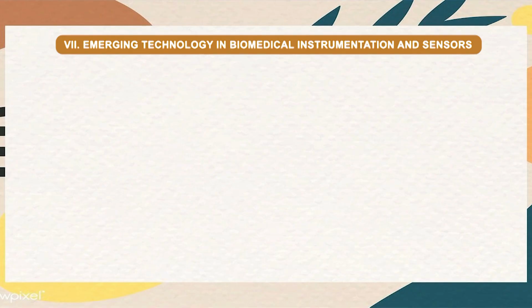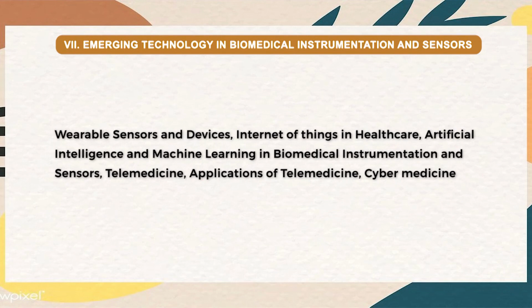Seventh chapter, we discuss emerging technology in biomedical instrumentation and sensors: wearable sensors and devices, Internet of Things in healthcare, artificial intelligence and machine learning in biomedical instrumentation and sensors, telemedicine, applications of telemedicine, cyber medicine.